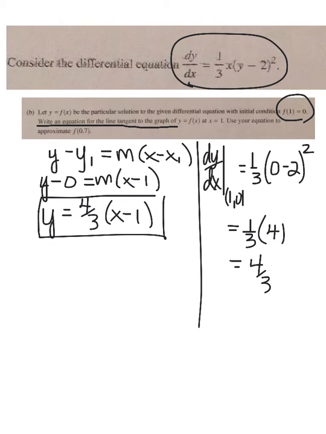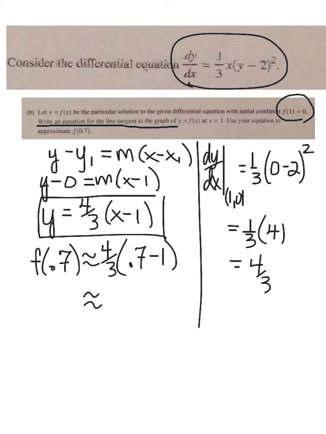Now they also say, last sentence, use your equation to approximate f of 0.7. So f of 0.7 will be approximately 4/3, and then we're going to put in 0.7 minus 1, which we know is negative 0.3, right? So we have 4/3 times negative 0.3.